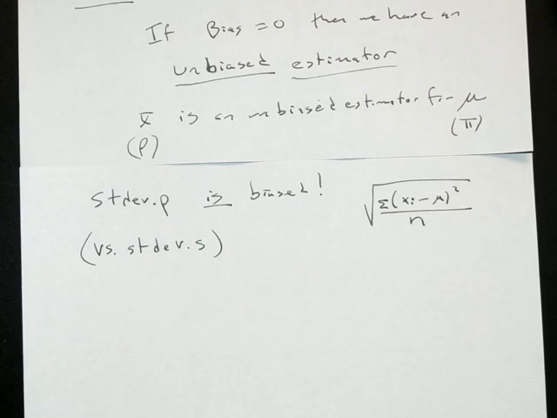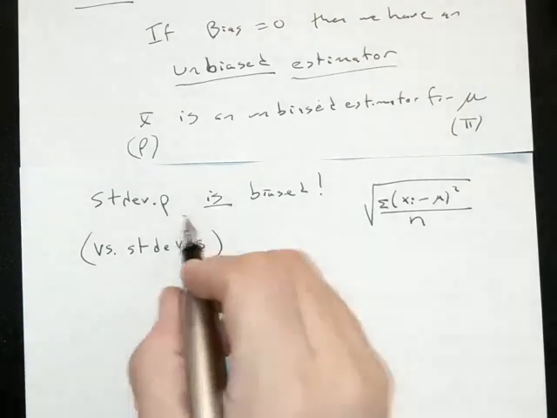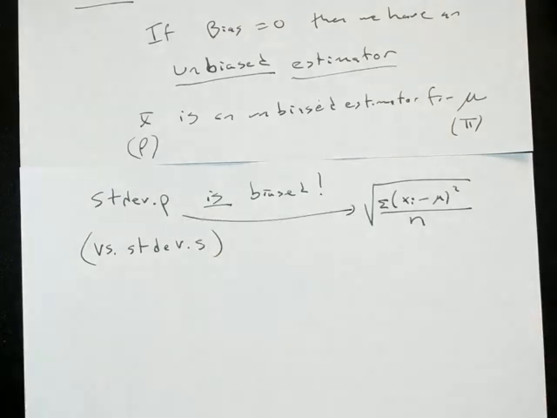We squared it. We added all that up. We divided by how many there were, and we got a square root. That's the one for P. And that almost always underestimates the population one.